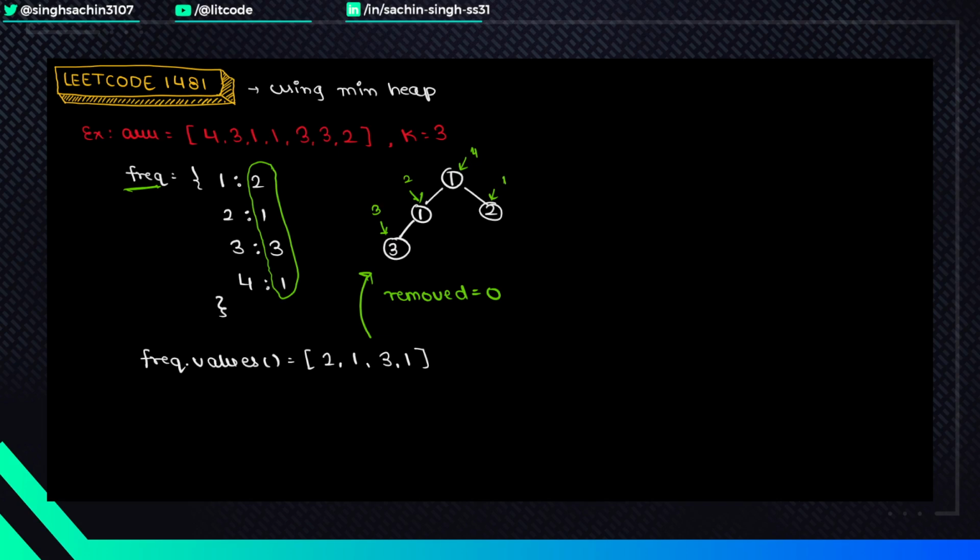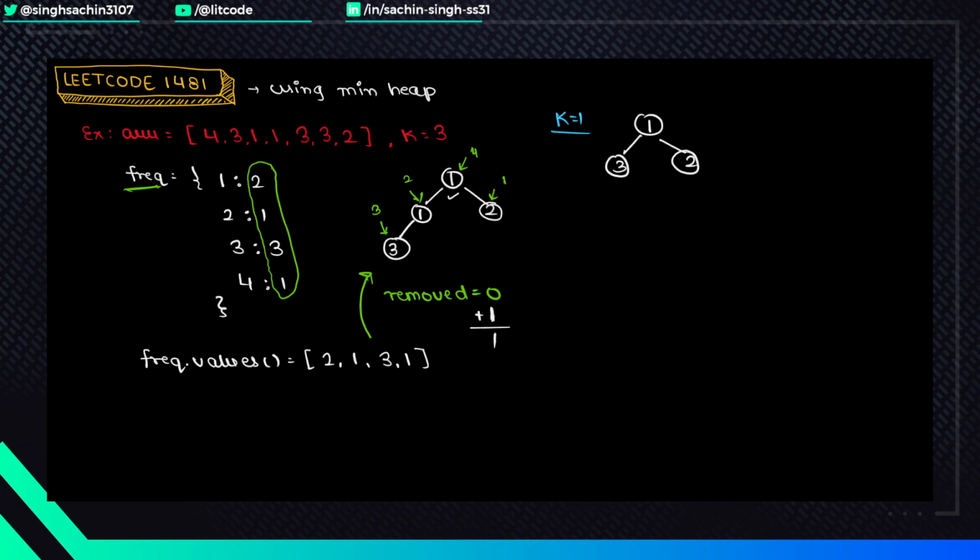Now at k equals 1, what I will be doing is removing or popping out elements from this heap k number of times. So let's say we have k equals 1. Now this heap will end up looking like this: 1, 3 and 2. So we have removed 1 from it, and that value, that 1, I'll add here. So now the value of removed is 1.